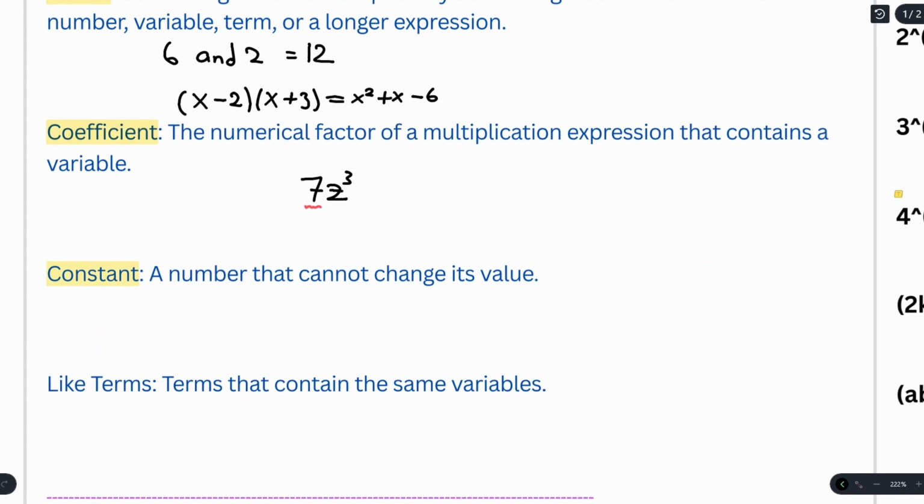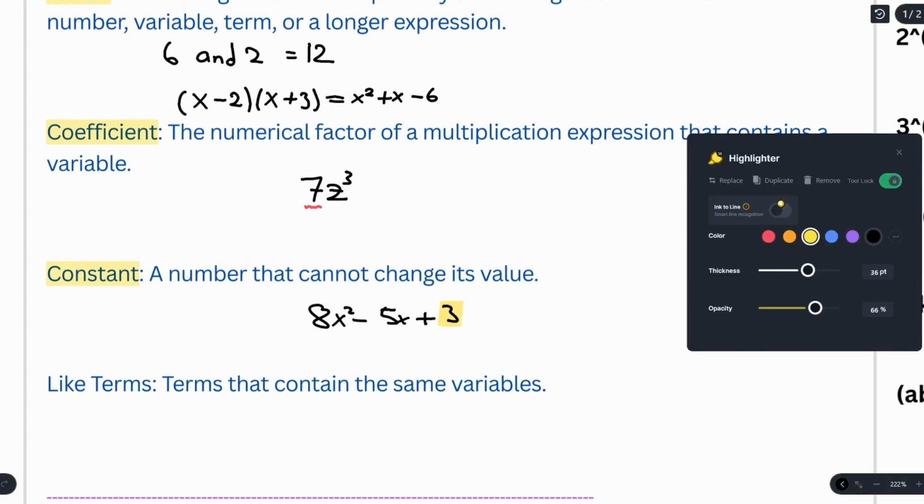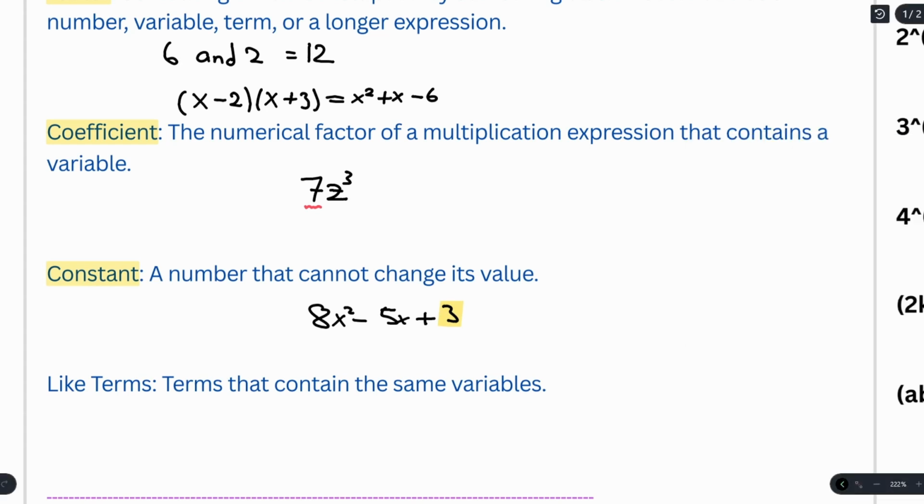Constant, a number that cannot change its value. So basically, if you have an expression 8x squared minus 5x plus 3, here the 3 would be a constant because you cannot change the value of 3, right?